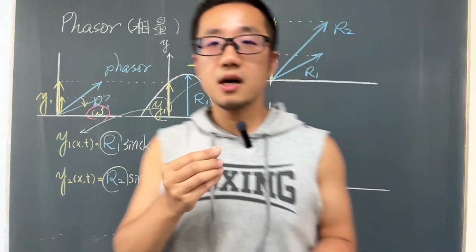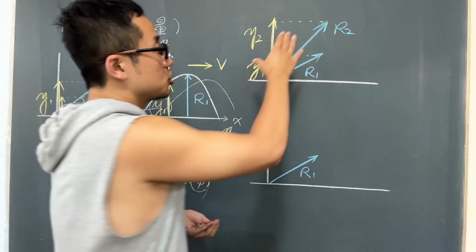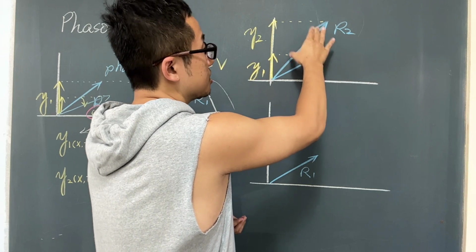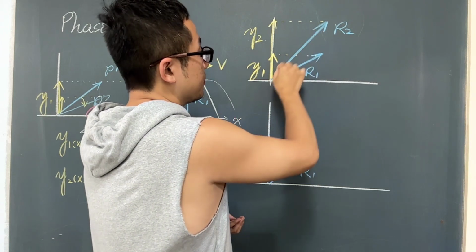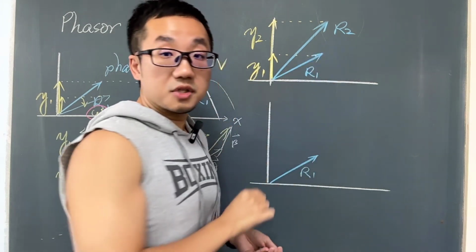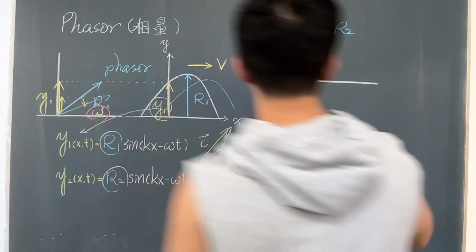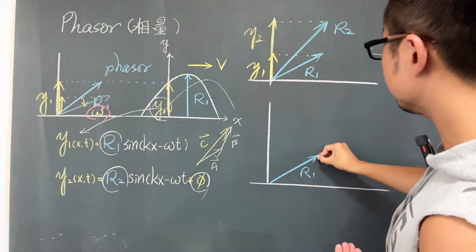So this is the same way to add these two phasors. It's simply by shifting the second phasor, and its tail is going to be attached to the head of the first phasor, just like you are adding two vectors. So I can shift phasor 2 down like this.